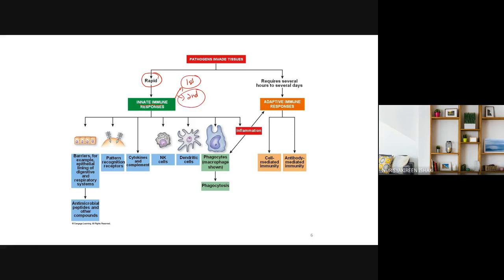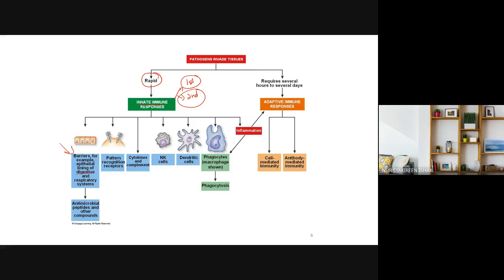Second line defense yang 4 tu tadi. So first line defense yang ni lah, barrier. So barrier for example, epithelial lining of digestive and respiratory system.